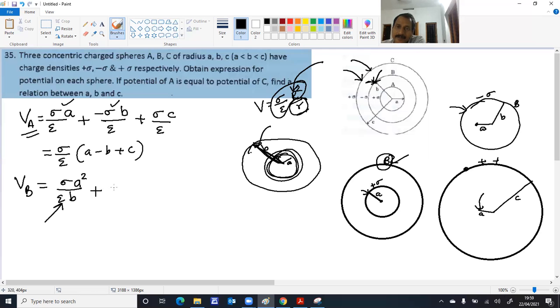So this won't change; this will remain the same. I'm talking about VB. VB should be sigma B by epsilon, right? That is potential on B due to B itself. Yes, sir. How many potentials on B?